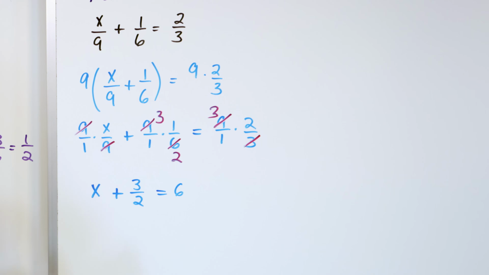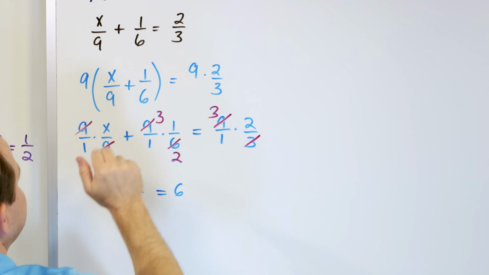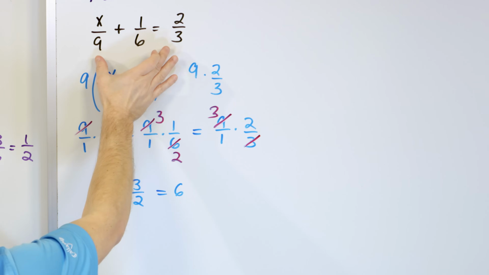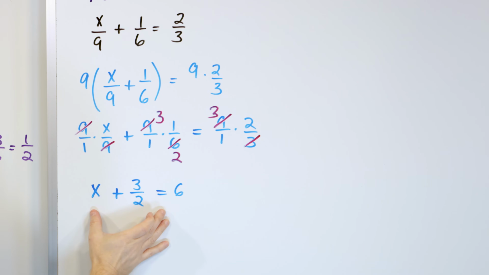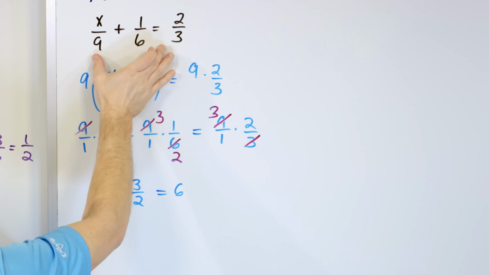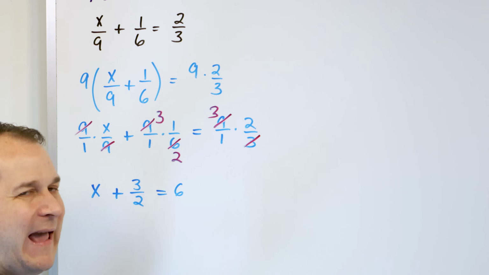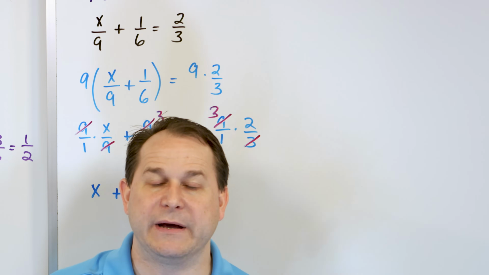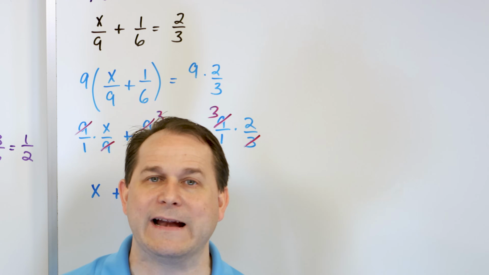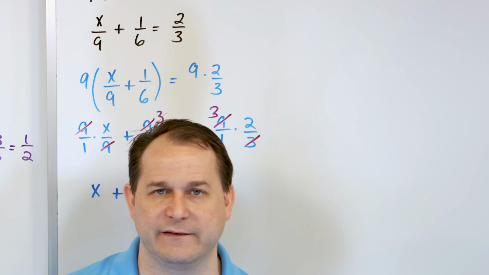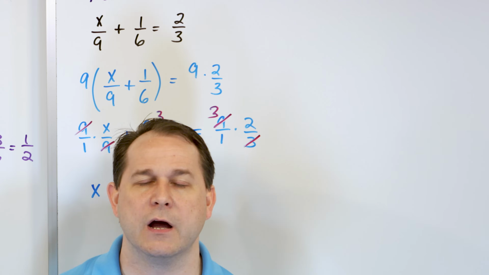So you see what I've done? By multiplying this equation by 9 on the left and 9 on the right, I've transformed this equation into a new equation. This equation looks completely different than this one. However, they will both have the exact same answer for x. Why? Because sometimes equations can look different and have the same answers, just like fractions can look different but mean the same thing.